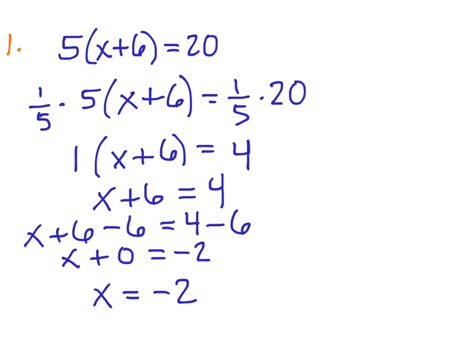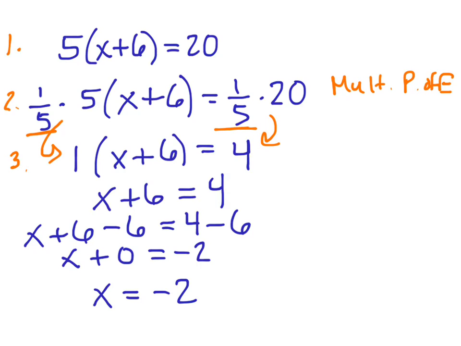Okay, so for step 1 to step 2, the change that's been made is this 1/5 on both sides. That's the multiplication property of equality. From step 2 to step 3, two changes. On the right, we just have a multiplication problem, and that's not what we're trying to justify.